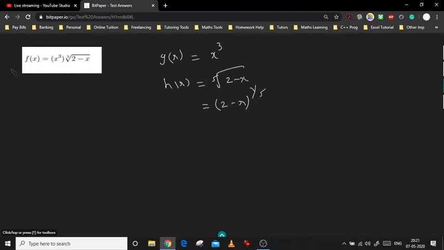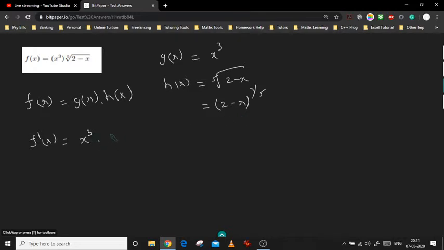Now we can see f of x is a product of these two functions, g of x and h of x. So we just have to apply the product rule here. Therefore f dash of x is equal to: take the first function, g of x equal to x cube, and then differentiate the second function h of x, 2 minus x power 1 by 5.